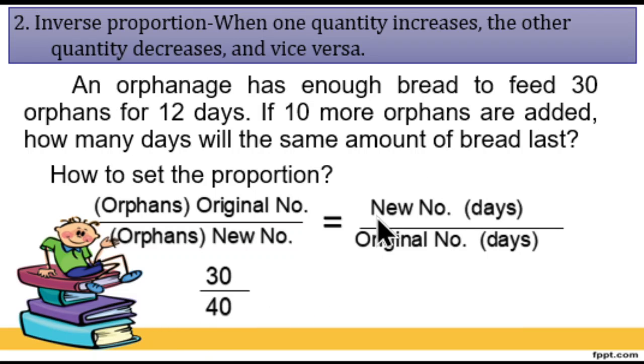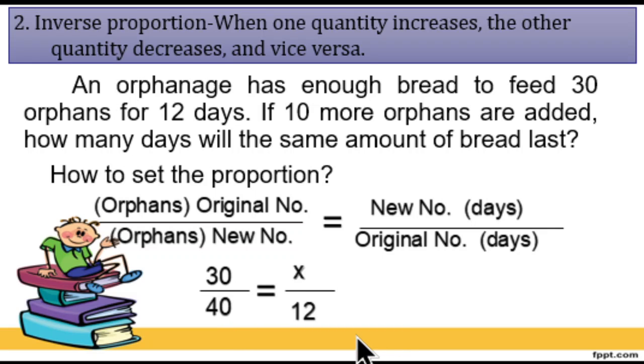And we are looking for the new number of days, so that is equal to x over the original number of days, which is 12 days. So we now have the ratio 30 is to 40 as x is to 12.